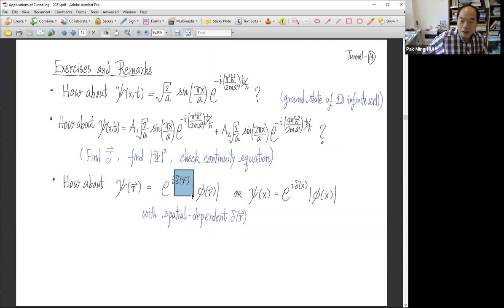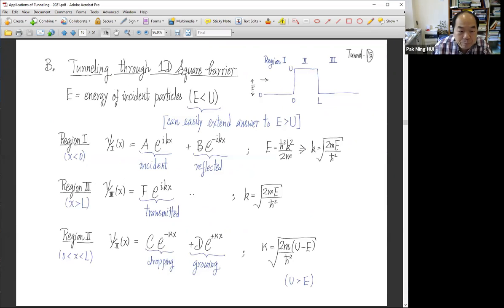Later on, if you study more condensed matter physics, there is one example of this particular scenario in superconductors. If you have two different superconductors next to each other, forming a so-called Josephson junction, there is a current that is actually this type of current. So that is just a reminder, part A.